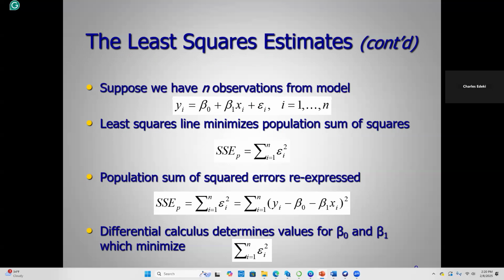SSE stands for sum of squared errors. Then we have the population sum of squared errors re-expressed. So we know the difference will be yi minus y-hat, where y-hat is b0 plus b1 xi. So we find the difference of that with the y value also.